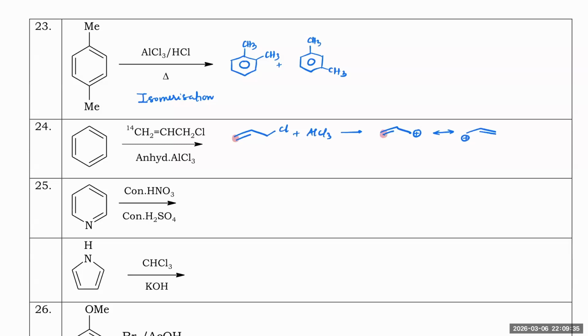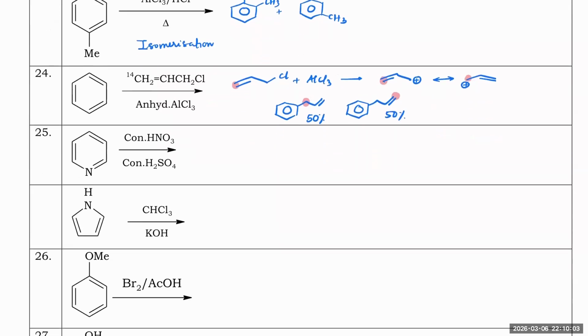That means the benzene can attack directly on this position or it can attack on this position. So chances are you'll get 50-50% of both. So you'll get a double bond here like this, and you can get double bond here like this, in which this could be carbon 14 or this could be carbon 14. So chances are 50% of this product and 50% of this product.